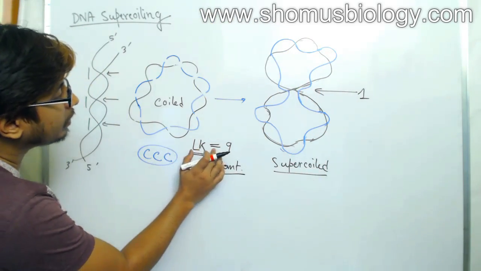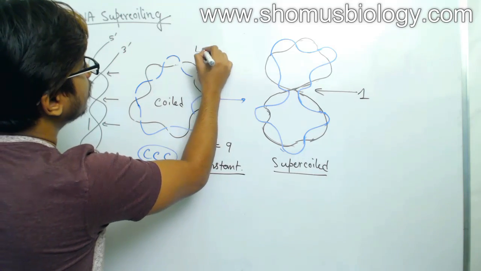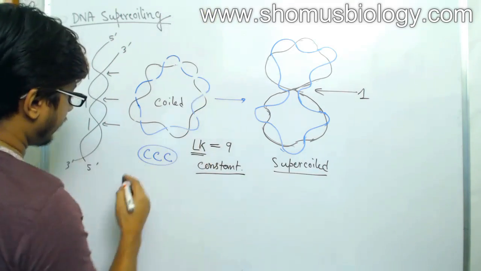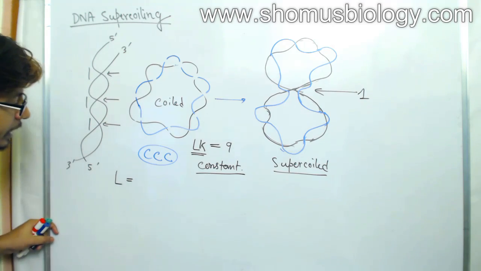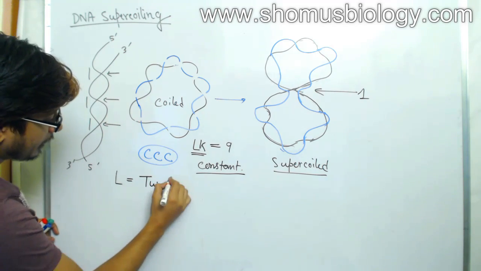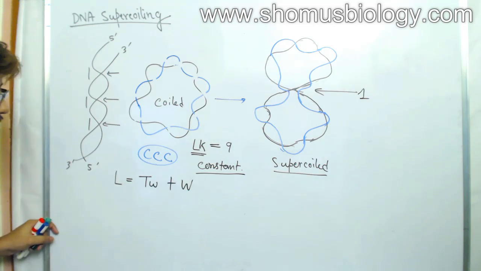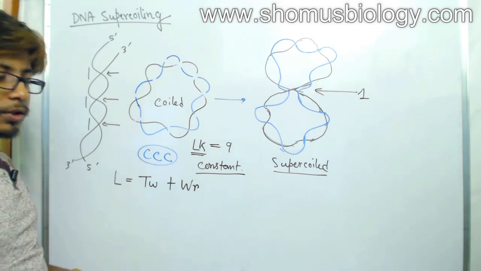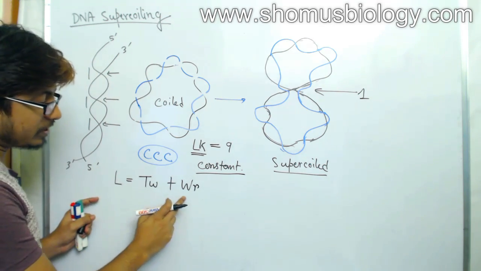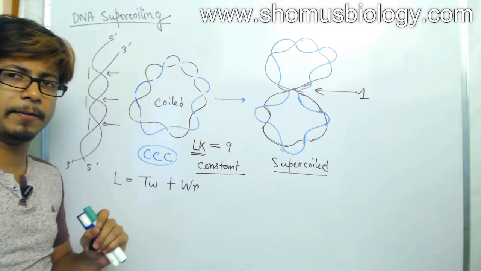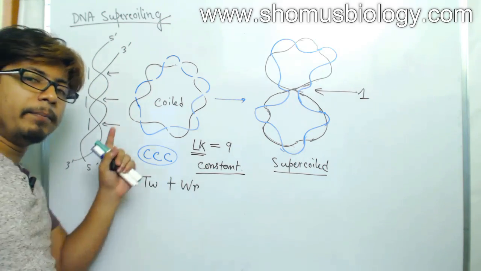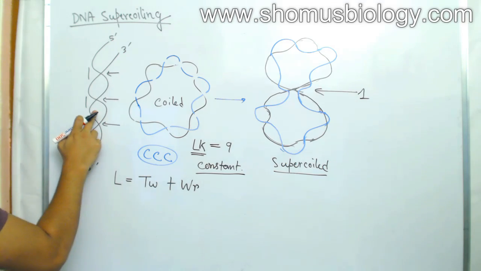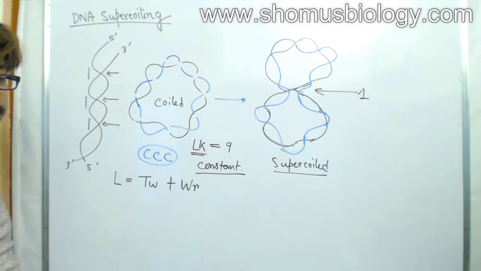Now the constituents of this linking number are two. So let me write it here. The constituents of this linking number are twist and writhe. So linking number equals twist plus writhe. Now what are twist and writhe? Twist is the number of times one strand of the DNA crosses another.